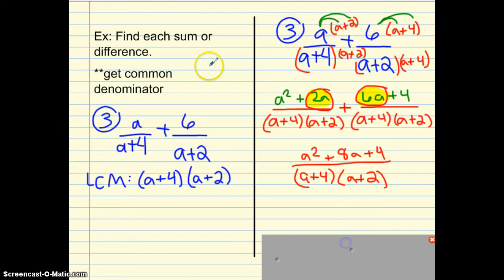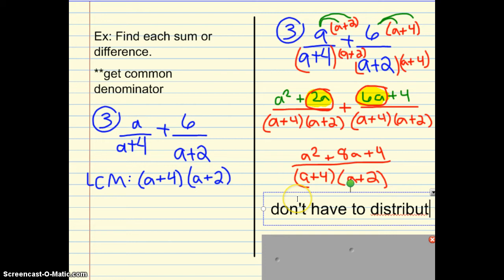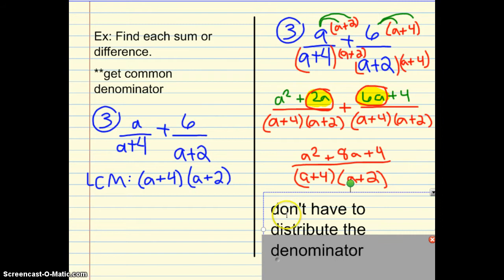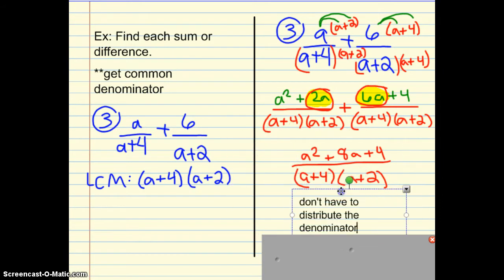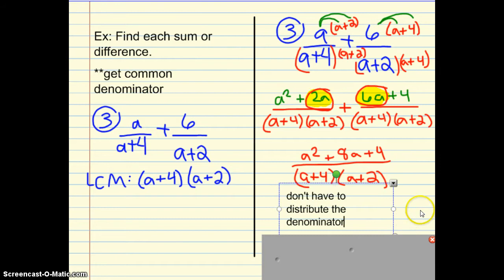And you don't have to distribute the denominator, just so you know. So our final answer is right here.